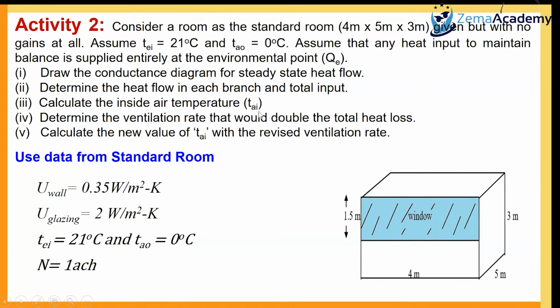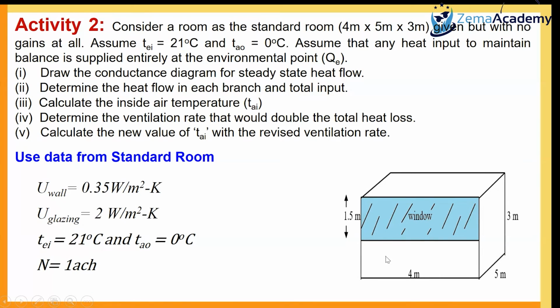So we need to determine the inside air temperature. The fourth part is to determine the ventilation rate that would double the heat loss. So apart from the first 3 points, when we have determined that, we have to increase our total heat loss twice, make it double, and then recalculate what the ventilation rate is then. And for this ventilation rate, we need to determine a new value of inside air temperature with the revised ventilation rate.